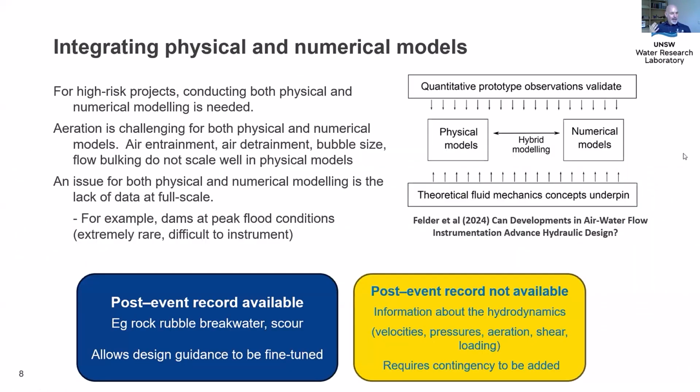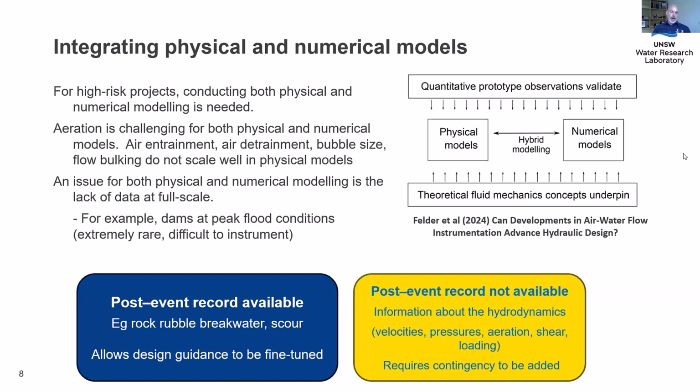I hope I haven't been talking down numerical modeling. I think numerical modeling is a fantastic tool and it's used extensively, and I really support it. For really high risk projects like dams, for example, where there's a risk for a community downstream, we really strongly recommend hybrid modeling.